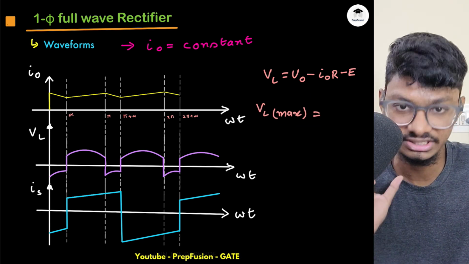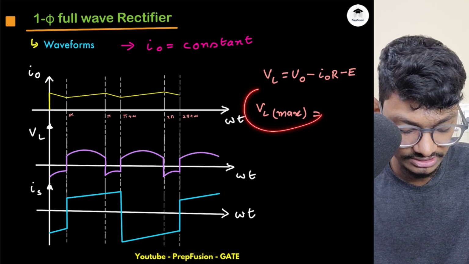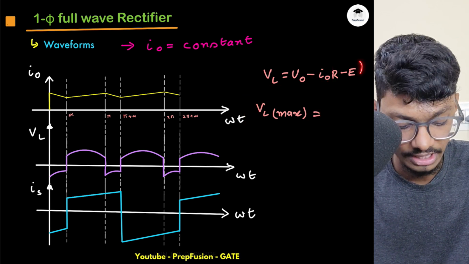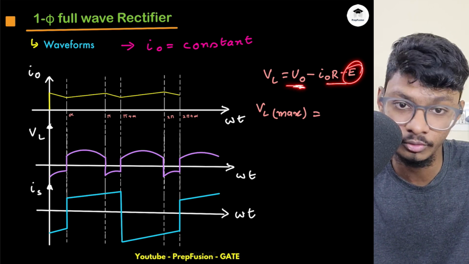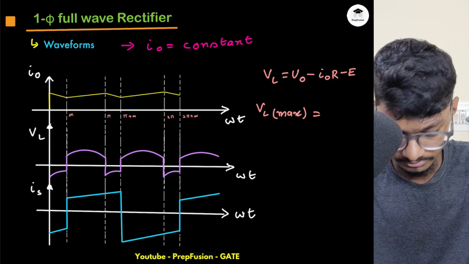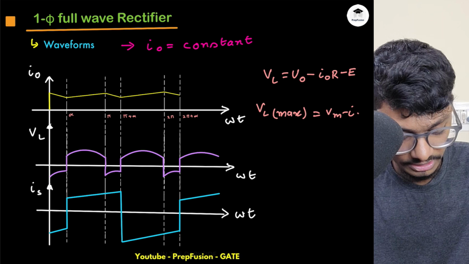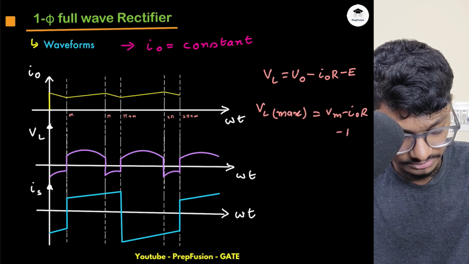The assumption is that L by R is very high. If L by R is very high, I can write my VL as this expression. IO is constant, E is constant, R is also constant, so only VO is varying. VO is simply equal to VS in the region from alpha to pi. So my maximum will be VM minus IO into R minus E.